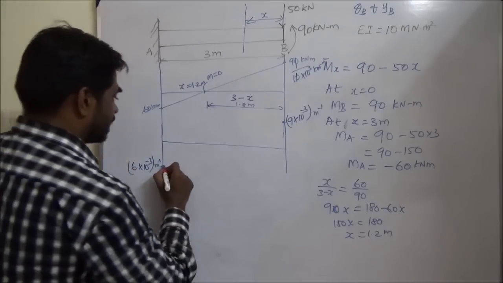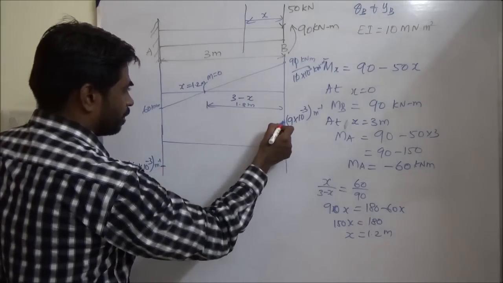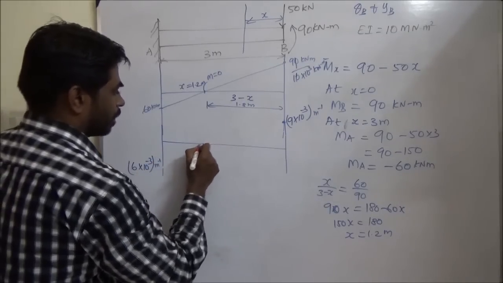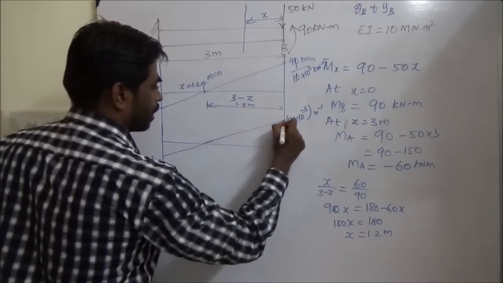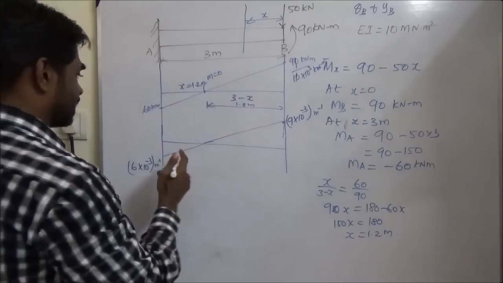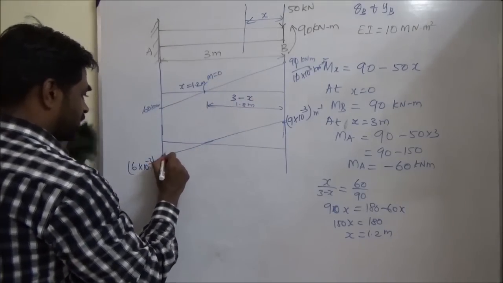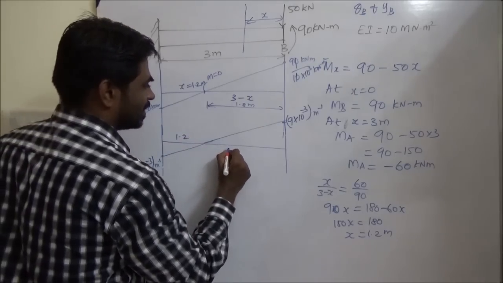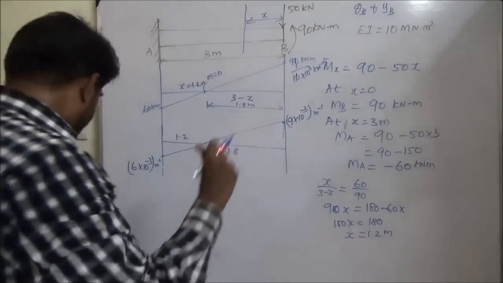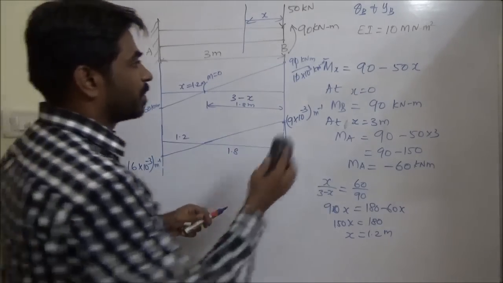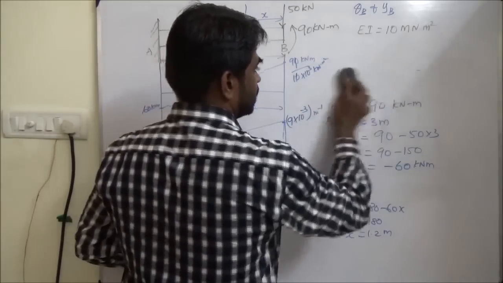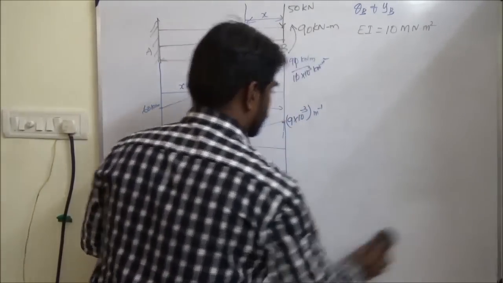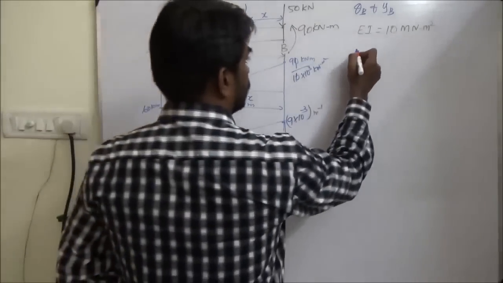Okay. So we will get the same. Only scale down, that's it. Okay, so here this is 1.2, this is 1.8. Now let us find out the slope.